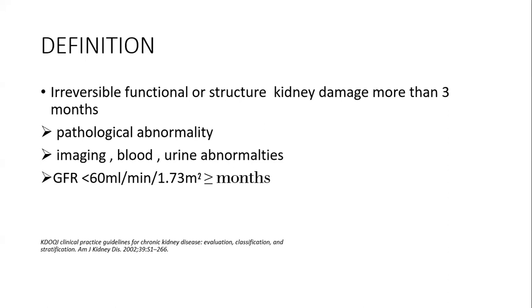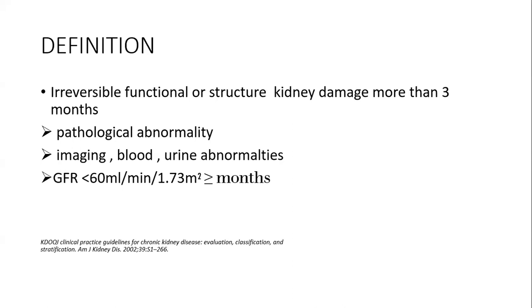It can also be supported by blood abnormalities, where the child has anemia, hypocalcemia, hyperphosphatemia, elevated creatinine and urea, especially abnormal blood gas analysis. Or it could be urine abnormality, where the child has proteinuria, especially microproteinuria.